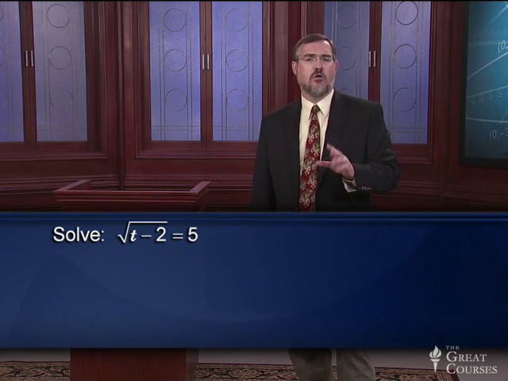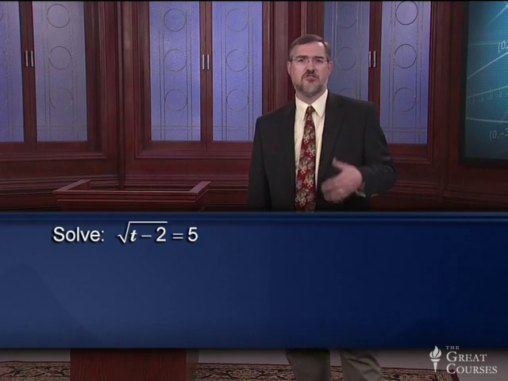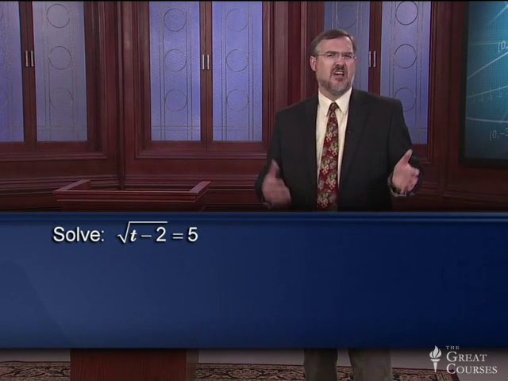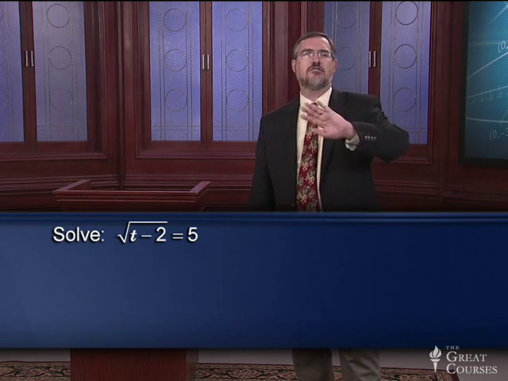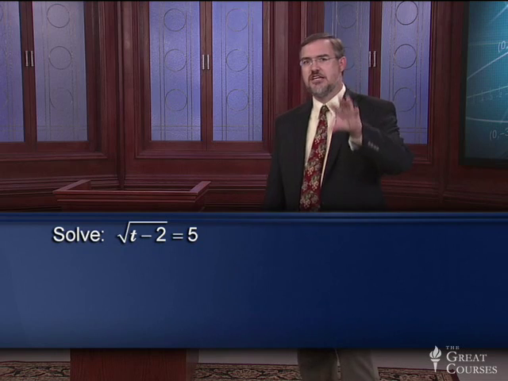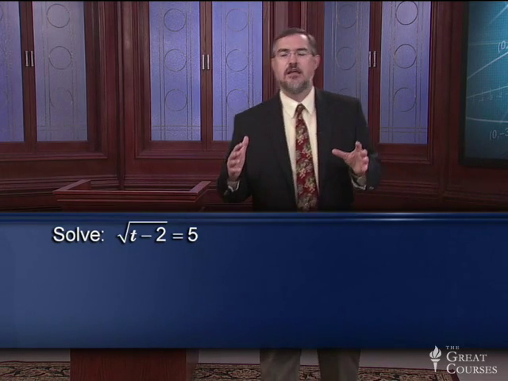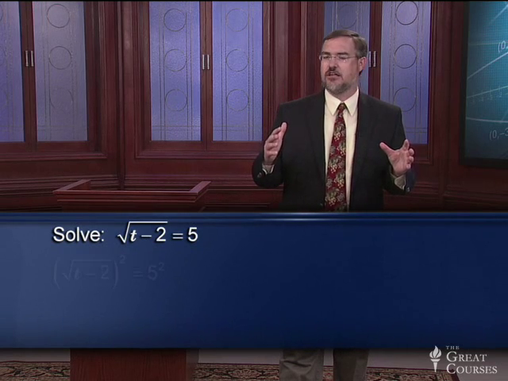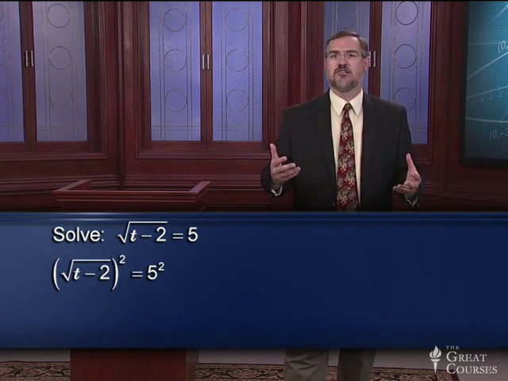Before I do that though, I want to point out that there's more under the radical symbol than just a t. There's actually a t minus 2. Now, is having that extra minus 2 under that radical symbol a problem? Absolutely not. We're just going to proceed like we did in the previous example. Since the radical is already isolated, we're just going to square both sides of the equation.